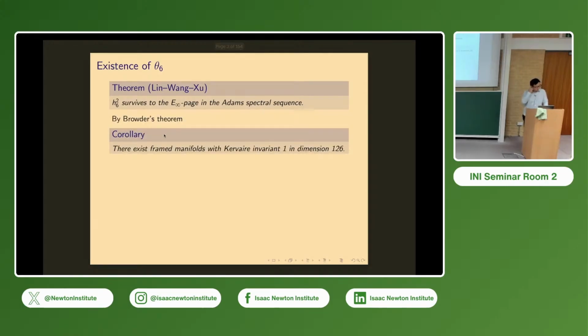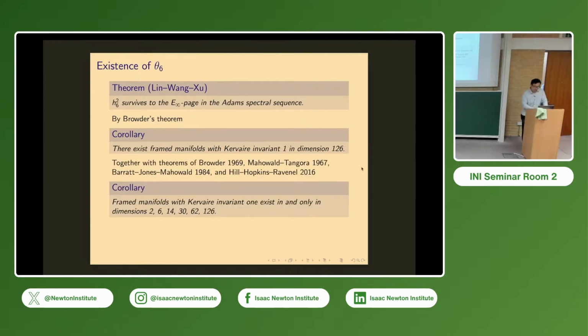Due to a theorem of Browder, that implies that there exist framed manifolds with Kervaire invariant 1 in dimension 126. Together with theorems of Browder in the 60s, Mahowald-Tangora in the 60s, Barratt-Jones-Mahowald in the 80s, and more recently Hill-Hopkins-Ravenel, that means that framed manifolds with Kervaire invariant 1 exist in and only in dimensions of these 6 dimensions.